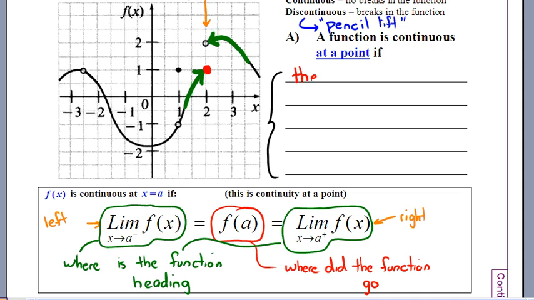If it's going to be continuous at some sort of point, right, x equals something, here I'm doing x equals 2, then the function goes, right, its y value goes where it looked like it was going to go.